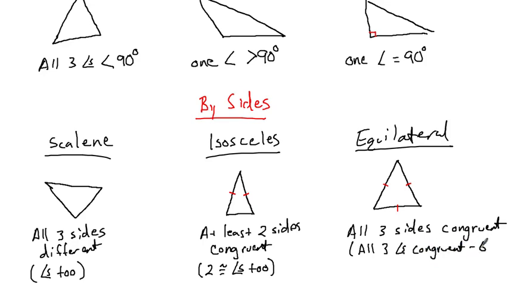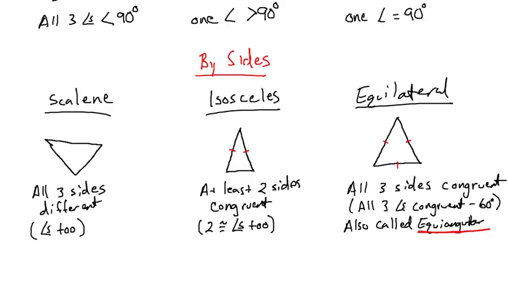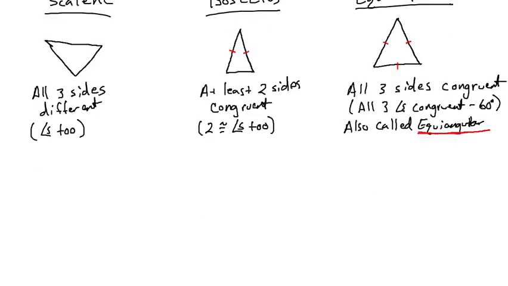And hopefully you know that they're all 60 degrees. This is also called equiangular if we're classifying it by angles. So equilateral and equiangular really means the same thing, same shape, same triangle, but a little specific about if you're talking about sides or angles.